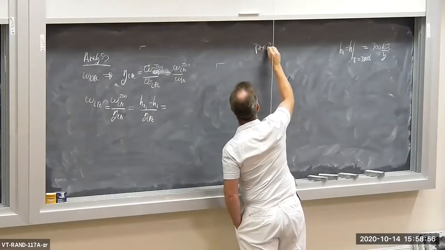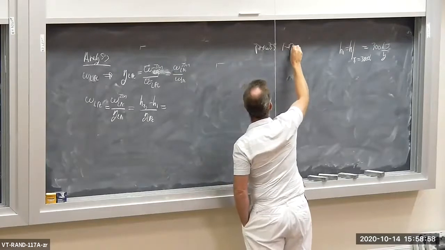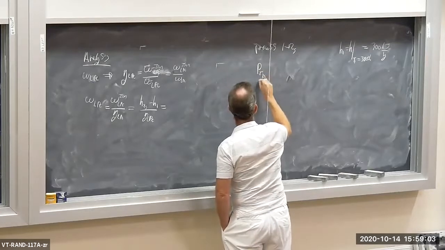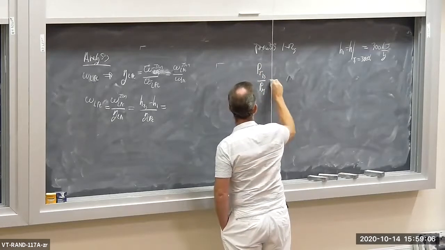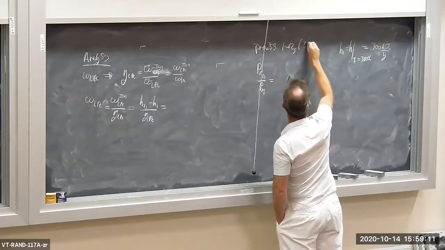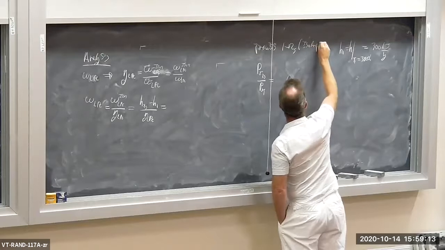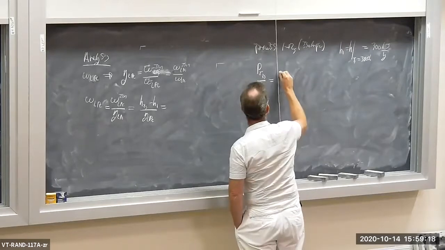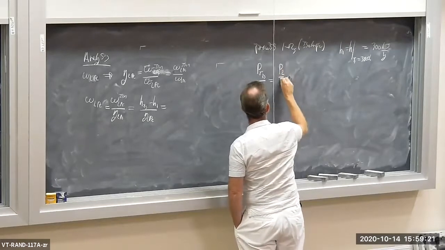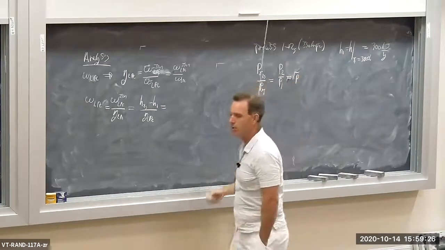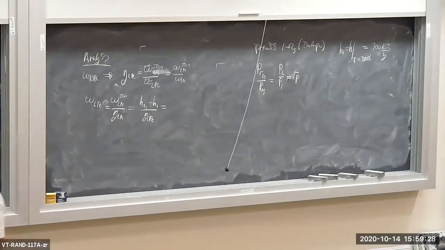If we go through process 1 to 2s, it's an isentropic process, so we have PR2s over PR1 is equal to P2 over P1, and that's equal to my pressure ratio for the compressor, R_P. R_P is equal to 3, I know that.